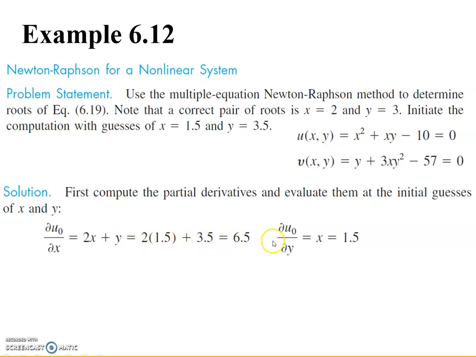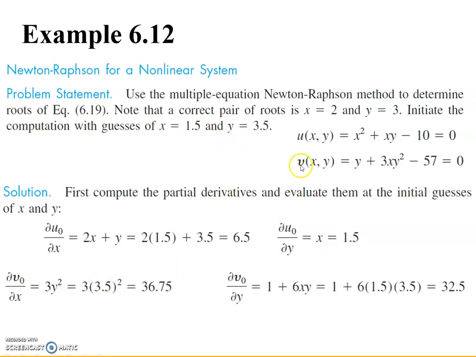Similarly for partial u over partial y, with respect to y this will be 0, and it will be x only, and x is of course 1.5.